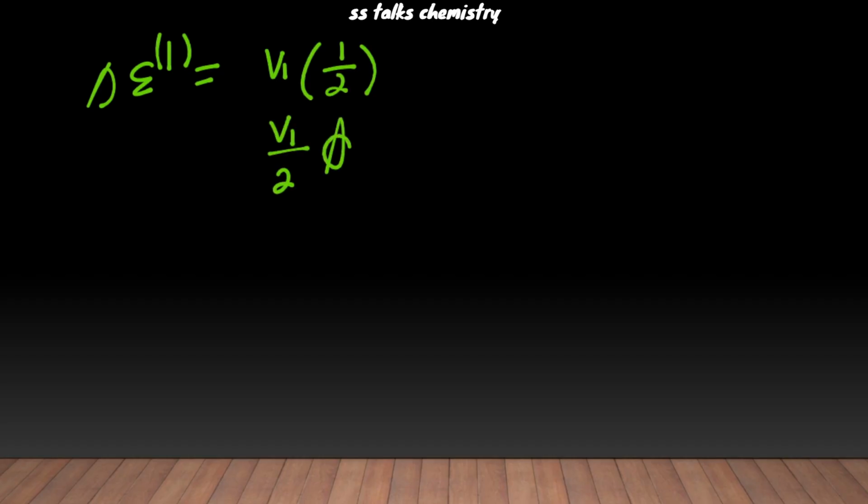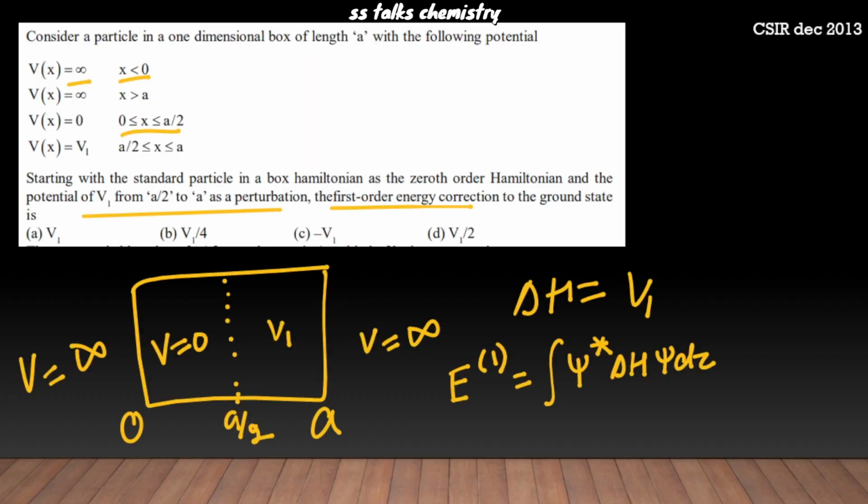That means the first order perturbation correction is going to be V1 times half of it. So we get V1 by 2 as the energy correction. Okay, so that makes option D the right answer.